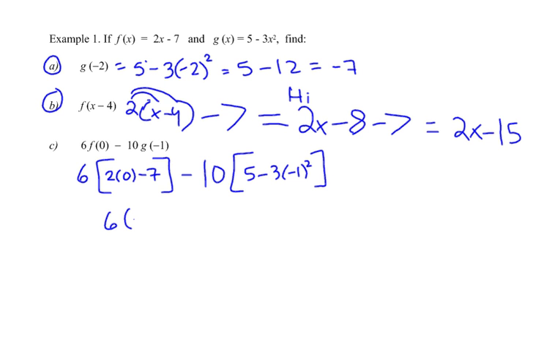So 6 times negative 7 minus 10 times 5 minus 3, which gives you 2. So 6 times negative 7, negative 42 minus 20, which equals negative 62. Very good. Okay, so that should be mostly review.